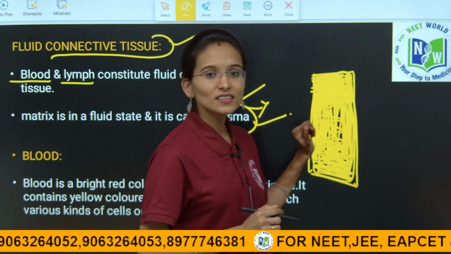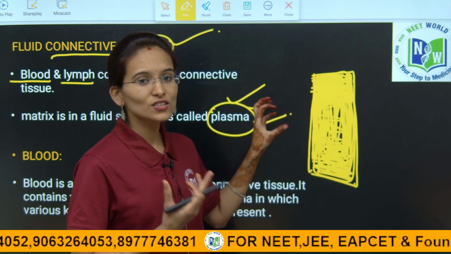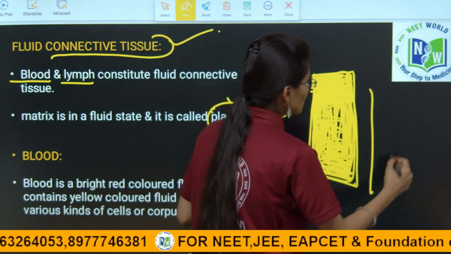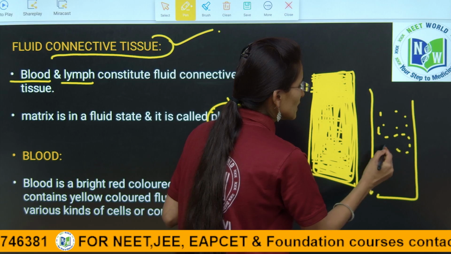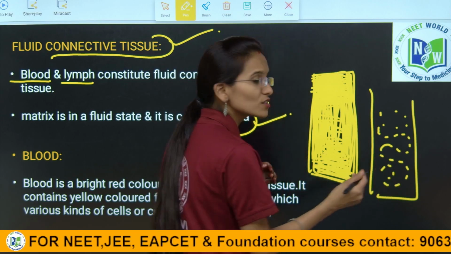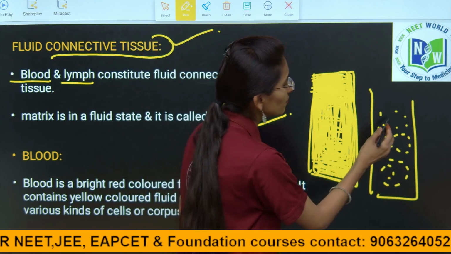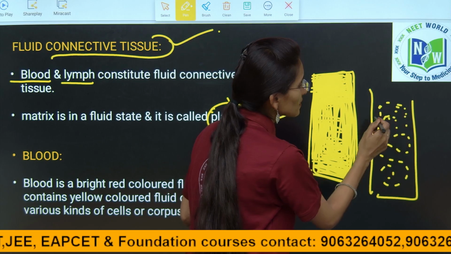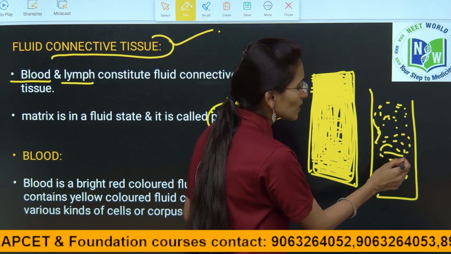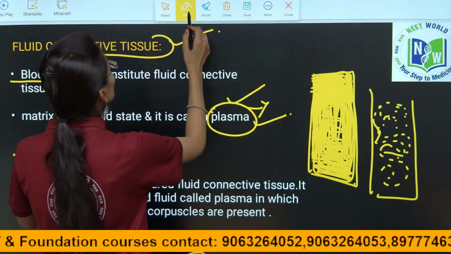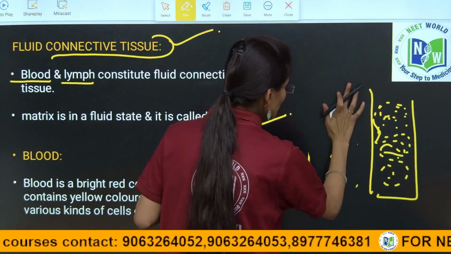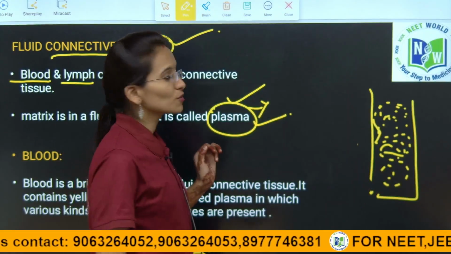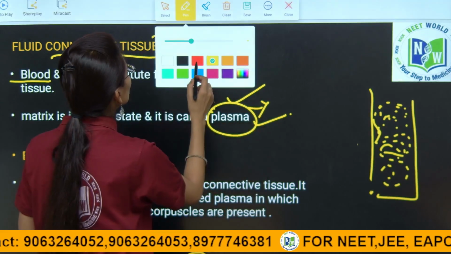Now imagine a tissue where the matrix of the fluid connective tissue is made up of a fluid called plasma. It is very loosely composed, and inside it different types of cells like RBC, WBC, and platelets move freely, students.